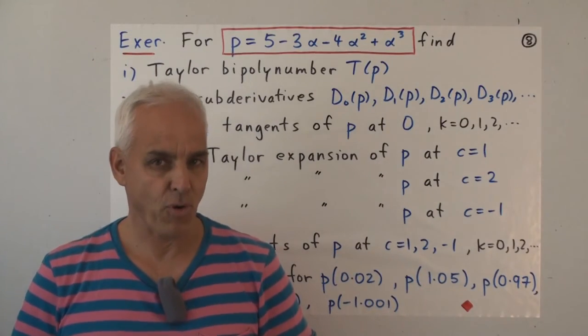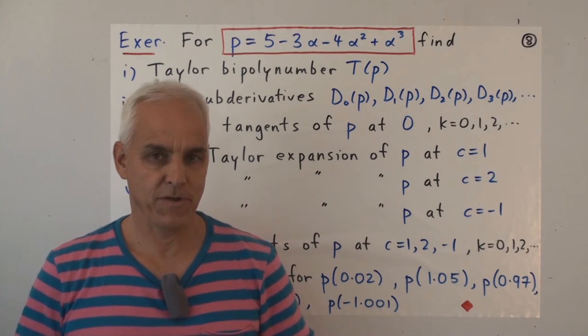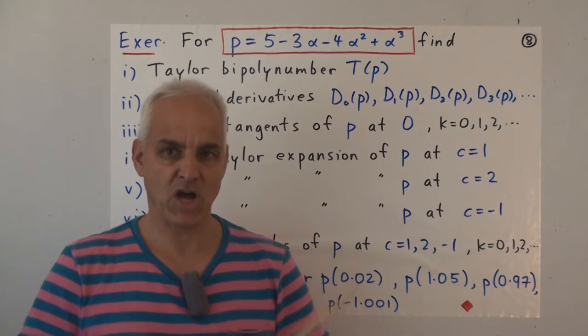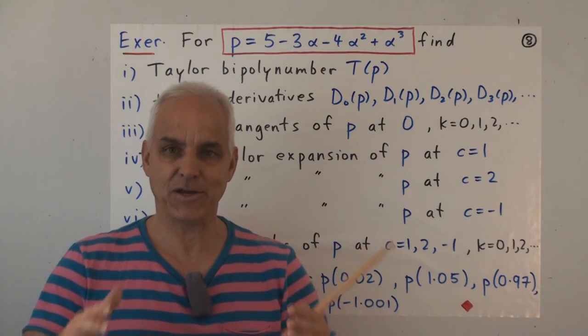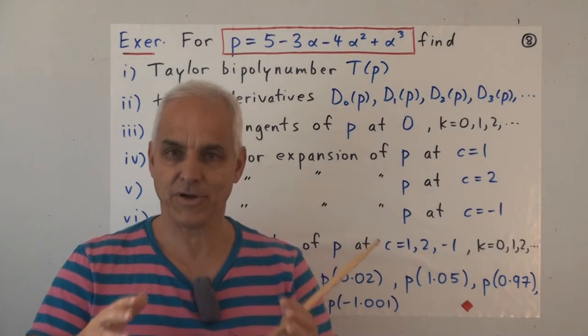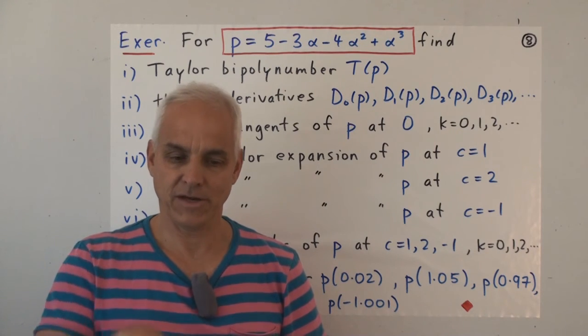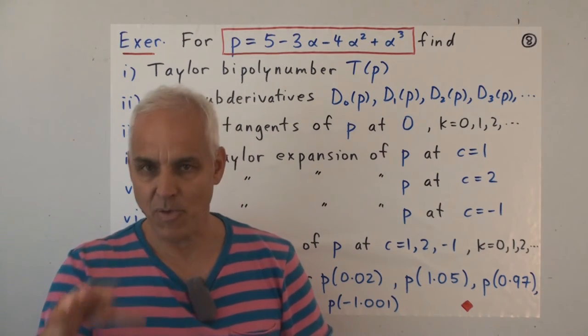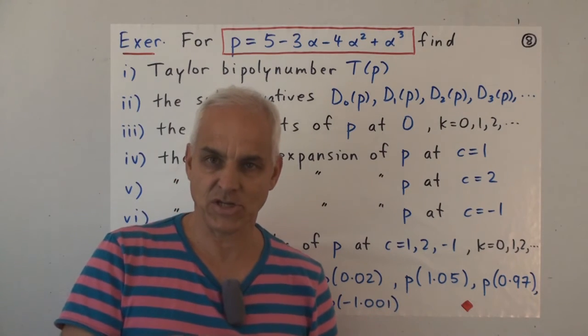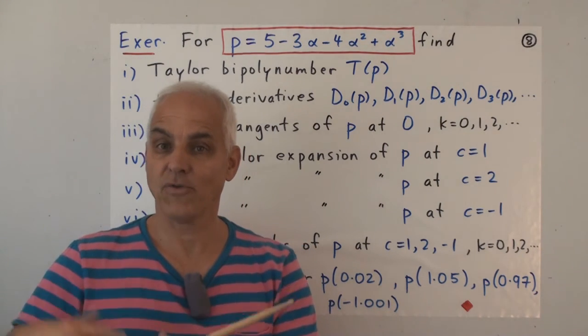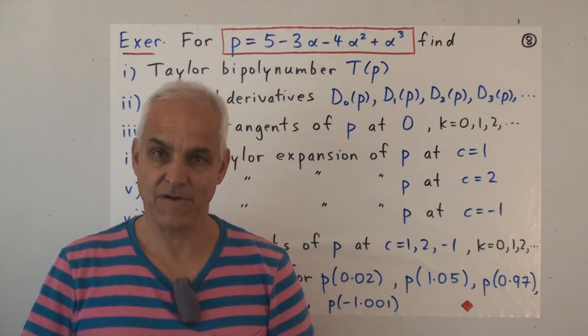So this has been an important lecture. We've covered a big chunk of vitally crucial material in a first calculus course relating to derivatives, Taylor polynomials, Taylor expansions, use of those things for approximating functions.